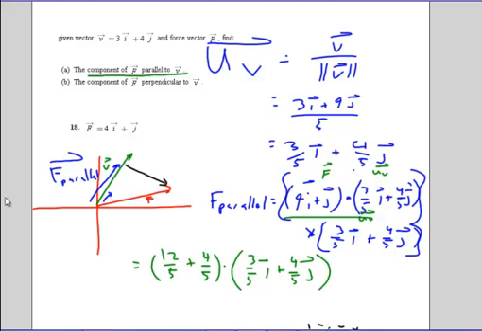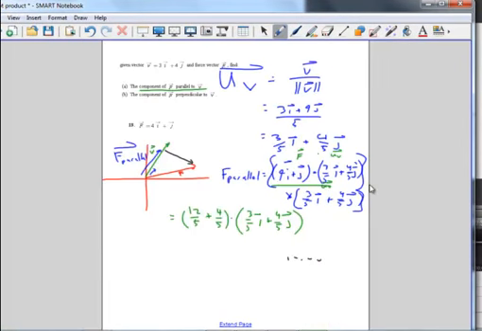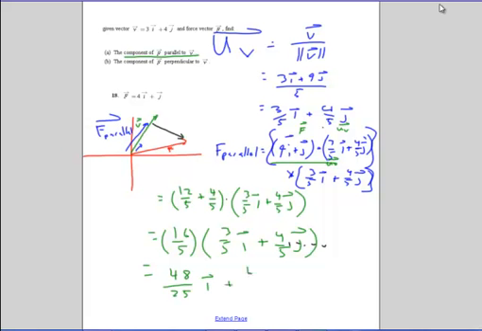And doing a little bit of work with fractions, we can now get that this equals 16/5 times 3/5 i plus 4/5 j, and now we distribute to get 48/25 i plus 64/25 j, and that is f parallel.